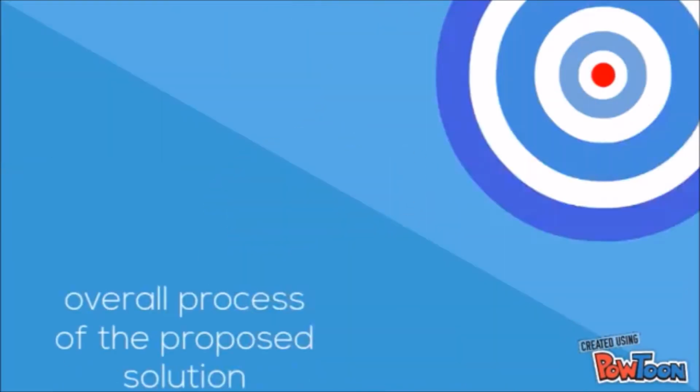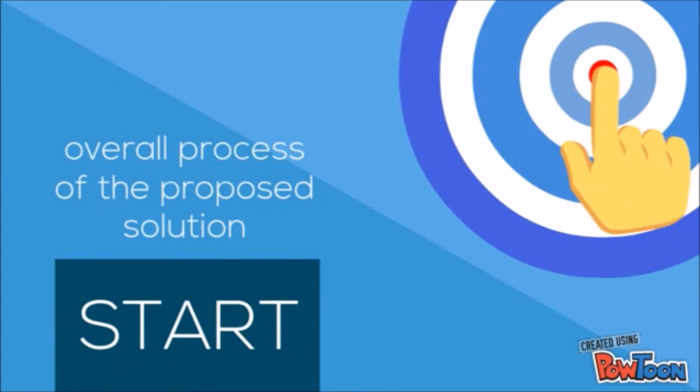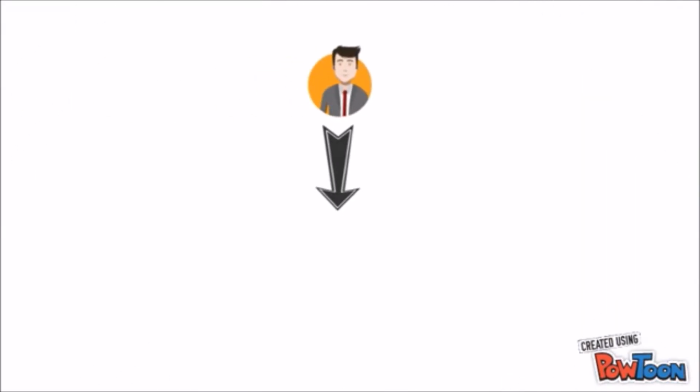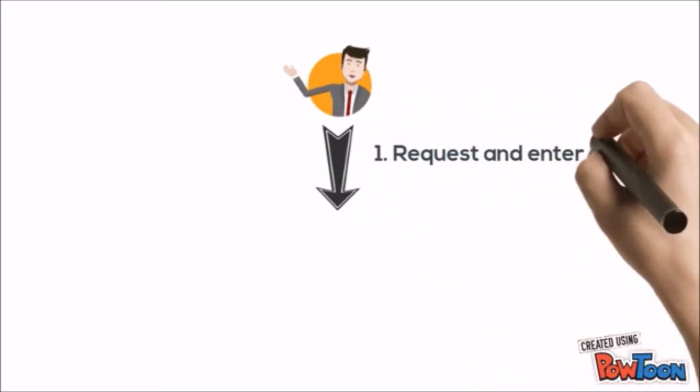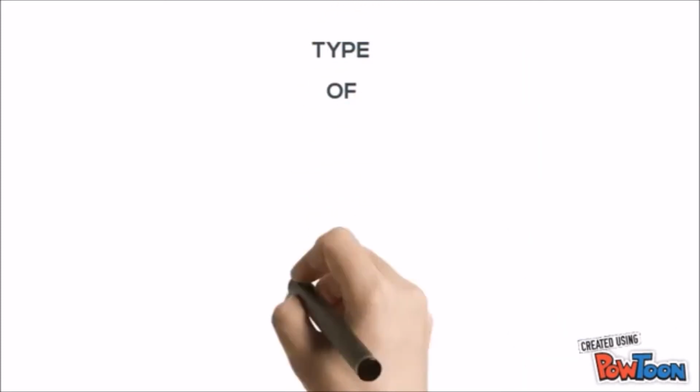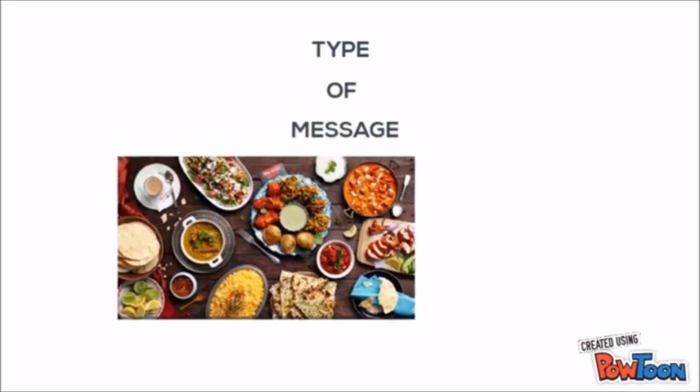The overall process of the proposed solution will be described as follows. First, the process will start with the user who makes a request to a QR code generator application to encode the message to a QR code. The message can be anything depending on the purpose of the application, such as food ordering content, website URL, information to connect to a Wi-Fi network, information to advertise a product, and so on.